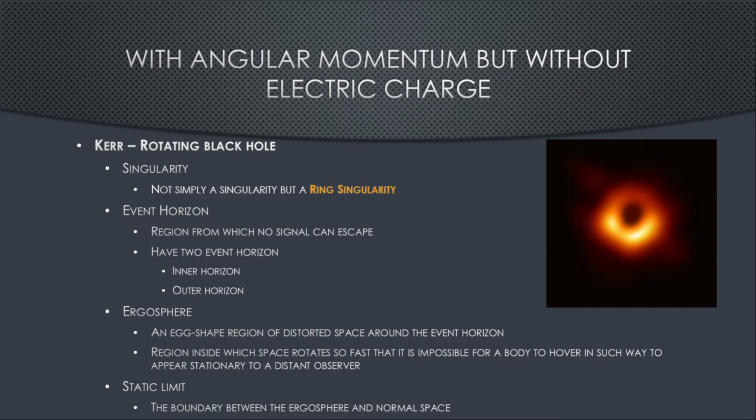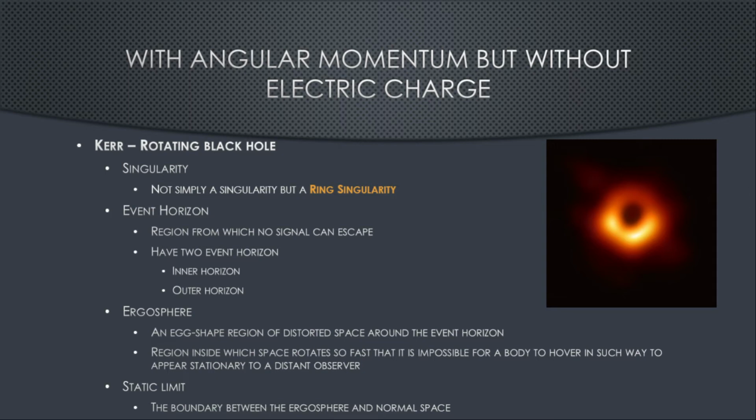You can imagine a point being pulled into a line and distorted into a ring shape. And it has 2 event horizons. The event horizon is the region from which no signal can escape, and the 2 event horizons are the inner horizon and the outer horizon.